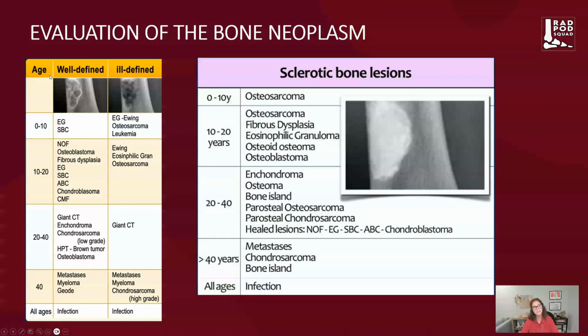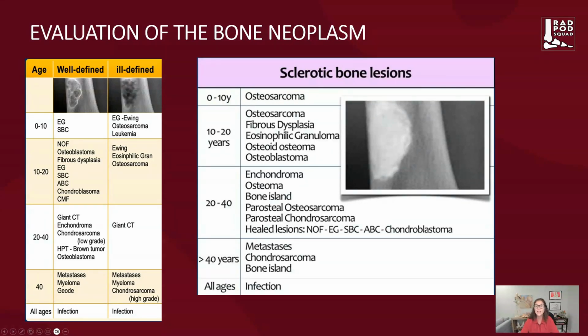Looking at ages of patients and well-defined versus ill-defined lesions, in the 0 to 10-year-old category, eosinophilic granuloma and simple bone cysts are the most common reason to have a well-defined lesion. The ill-defined types, those are more insidious: the Ewings, the osteosarcoma, and leukemias. From 10 to 20, young adults have non-ossifying fibromas.